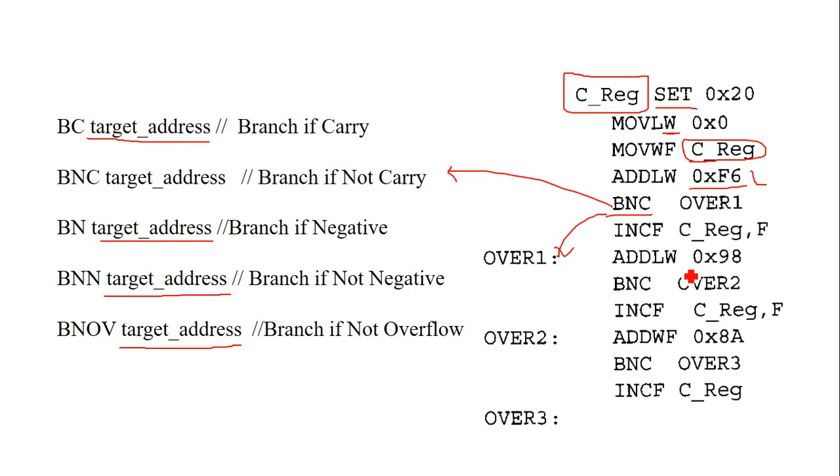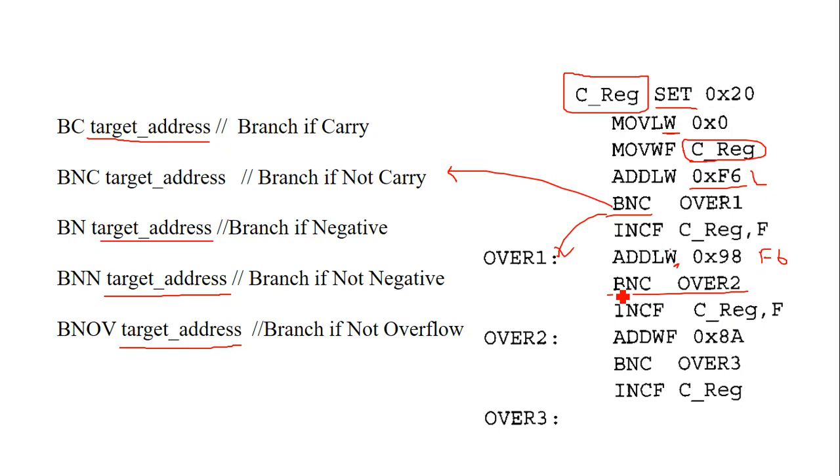Now earlier, what value was the WREG register having? This F6. Now this 98 is added into F6. So if the carry is not generated, then branch if not carry to over.